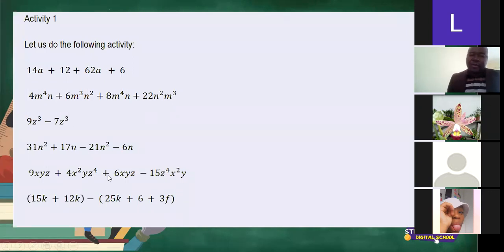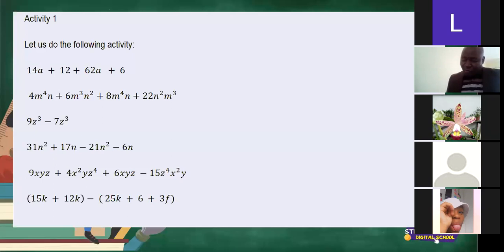And of course, we know that you cannot subtract 15 from 4; 4 is a smaller number and 15 is a bigger number. So you will subtract 4 from 15 to get 11, and thereafter you take the sign of the bigger number, 15, which is negative.